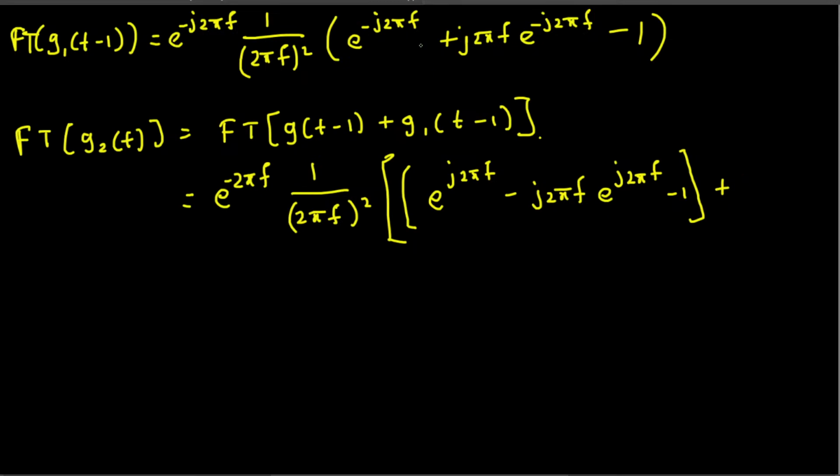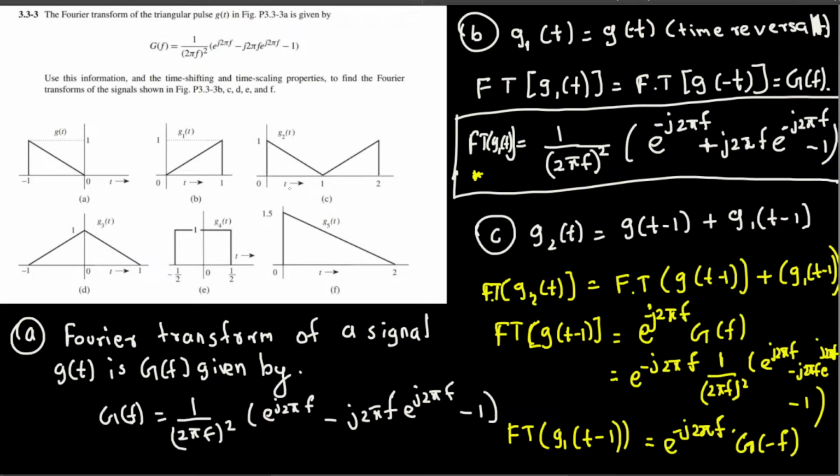This is the starting point, e^(−j2πf). Okay, I'm going to continue over here, plus j2πf e^(−j2πf) minus 1. And that's the answer for the C part.